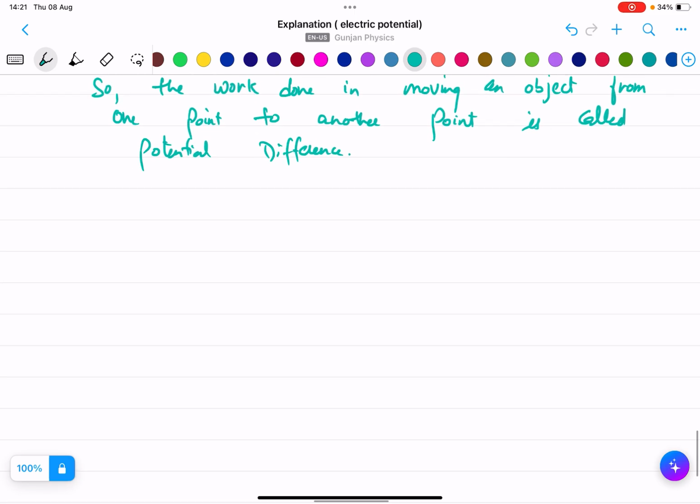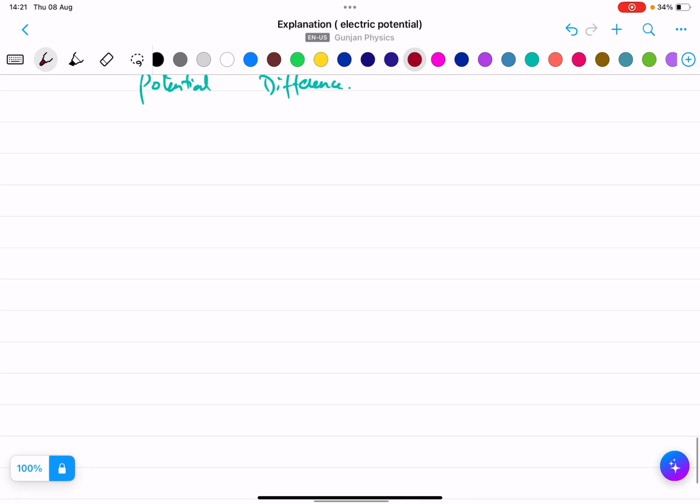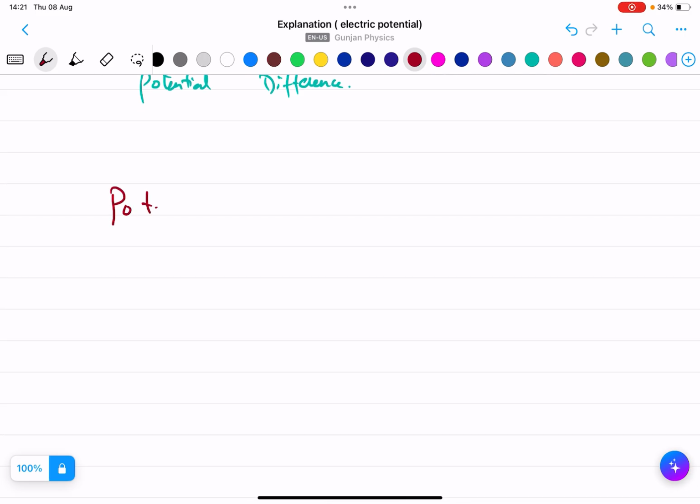Now I will write the mathematical expressions of these things. Okay, so basically what will be the mathematical expression? Potential difference equals work done over unit charge.